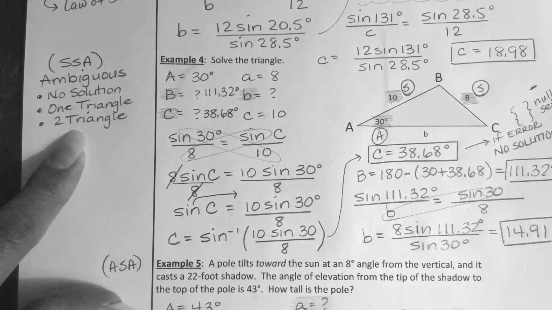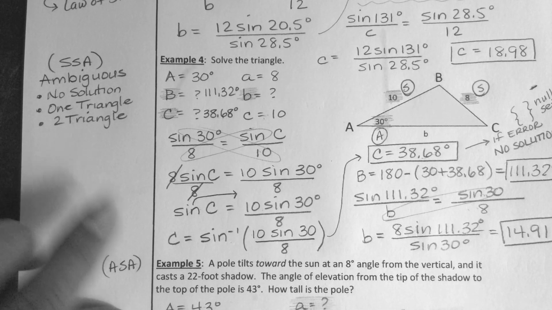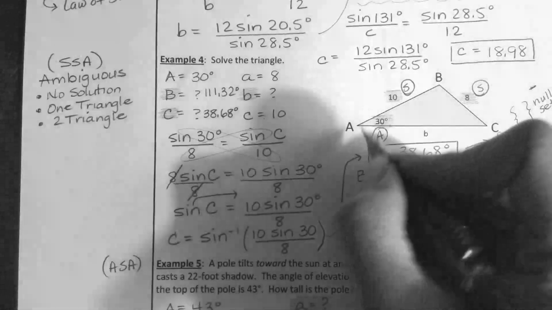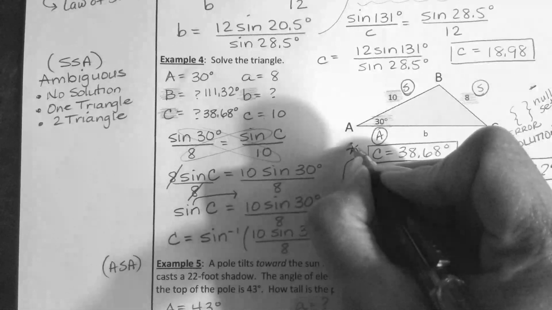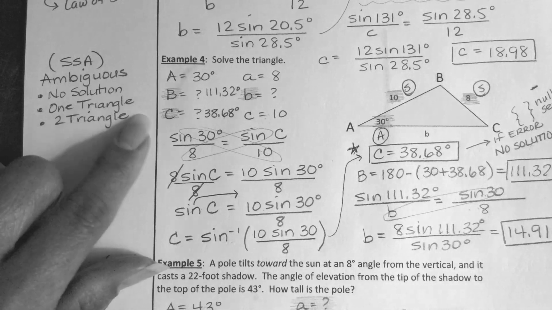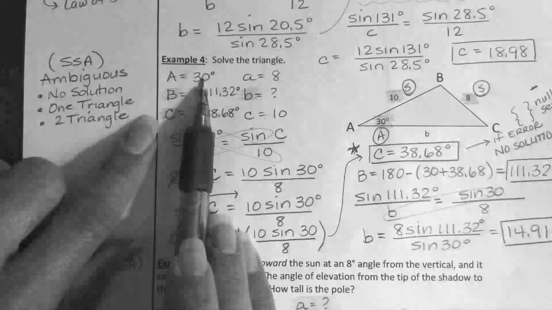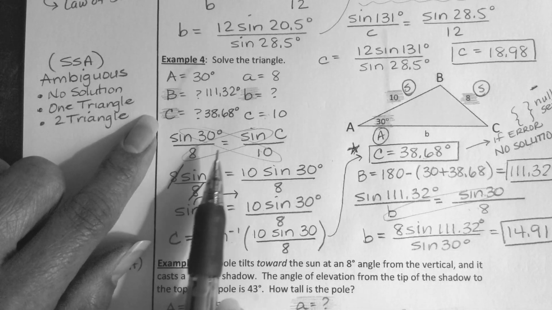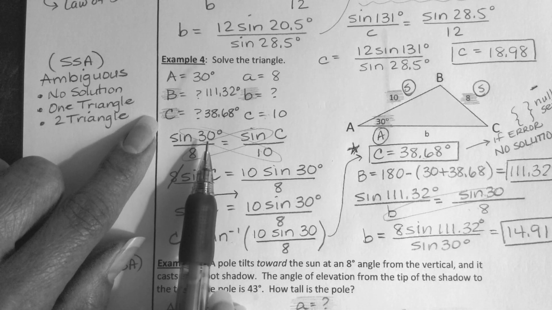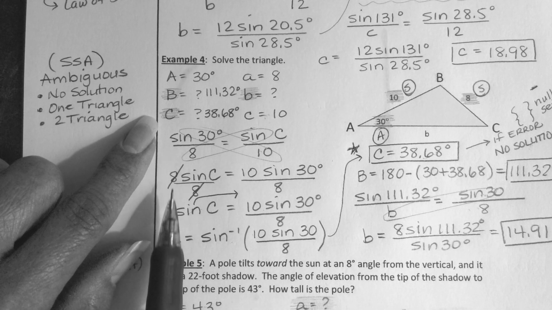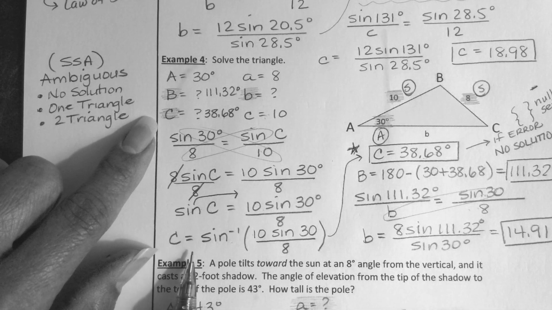So how do you do that? What you're going to do is always go back to where you found the first angle. Remember, you were only given one angle, and it was angle 30, and then you proceeded to find the next angle, and when you did so, you found angle C to be 38.68.